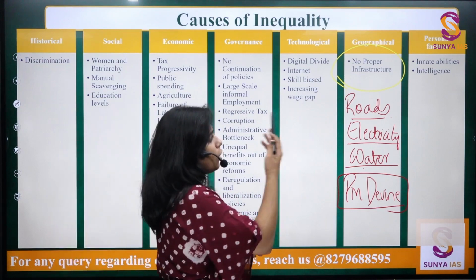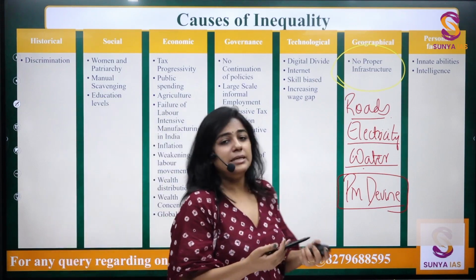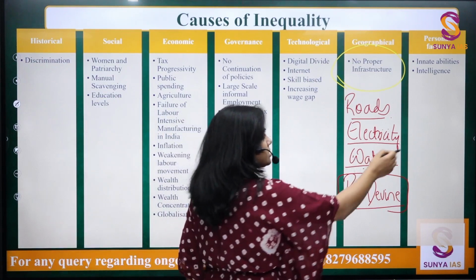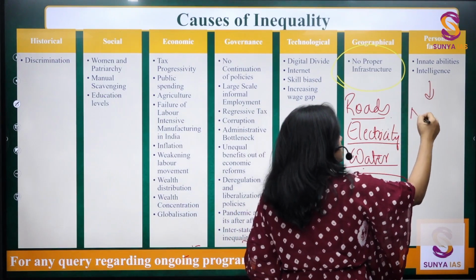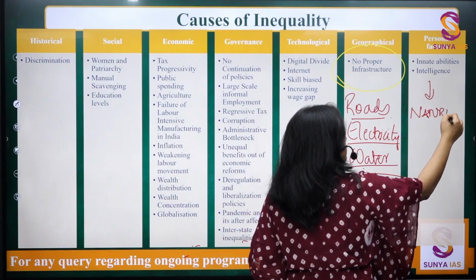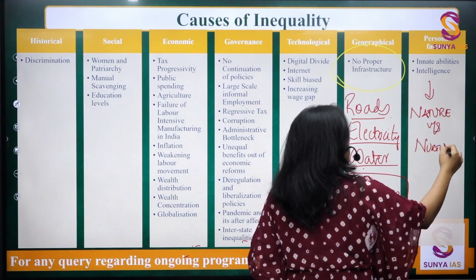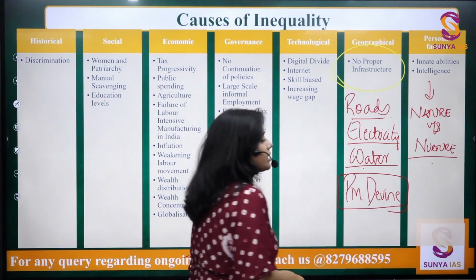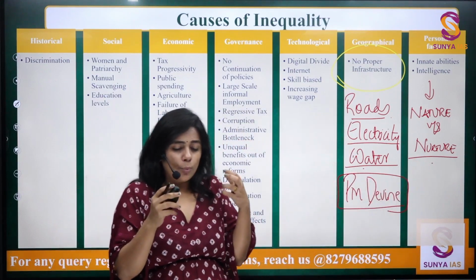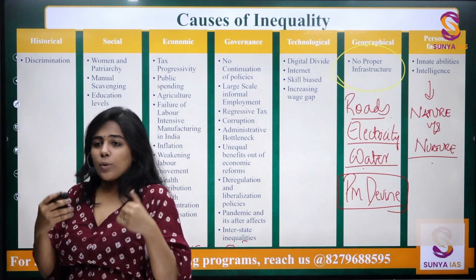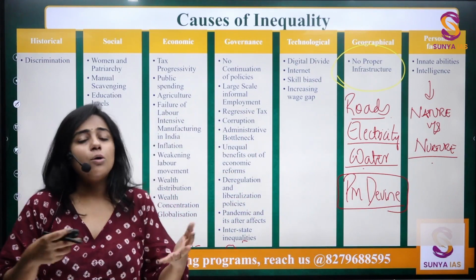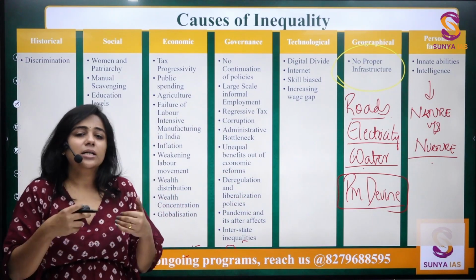And overall, personal factors, which are innate abilities and intelligence, but this is also the debate called nature versus nurture, which talks about the way you are born and the way you are brought up, and how they impact your ability in future life.